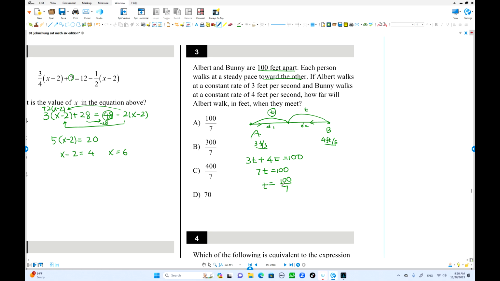But we're going to find the distance Albert walked, D1, okay? So distance D1 equals 1,000 over 7 times 3 seconds, all right? 1,000 times 3 will be 3,000 over 7, okay? Choice B is the answer.